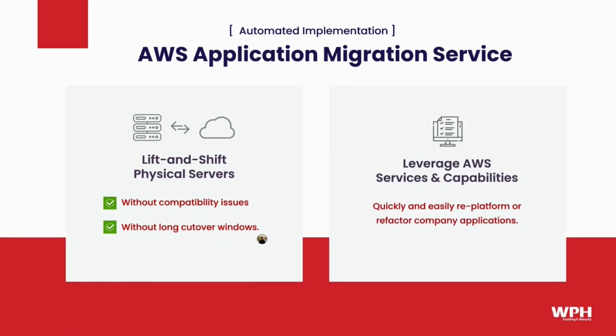Once you have done the migration using the AWS MGN service and your application is available in AWS, it can leverage the AWS services and capabilities. That means it can acquire the benefits which I explained before, like scalability, flexibility, and cost reduction. Everything can be attained with your application with much improved productivity.